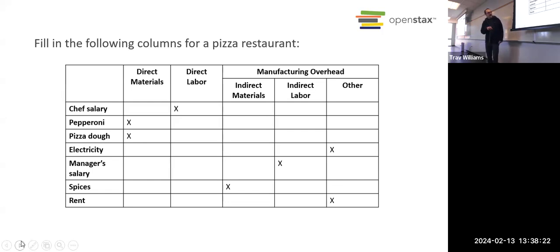And then rent on the pizza restaurant would also be other manufacturing overhead, because that is the space where the food is being made, so it is a production related cost. Again, you could argue, well, if there's a dining room, then that part is not really production related, right? But anyways, you get the idea.